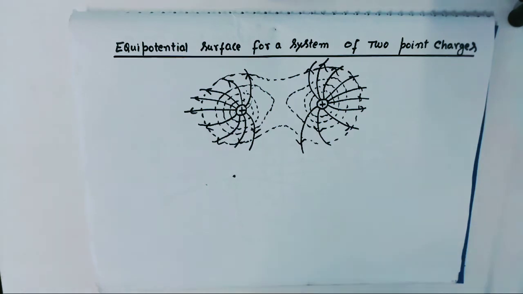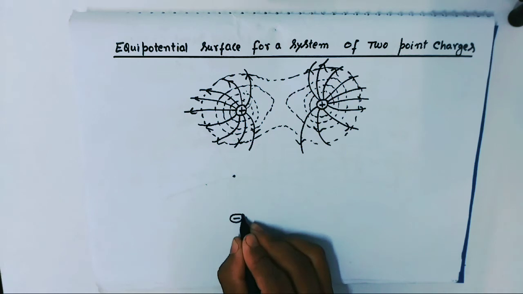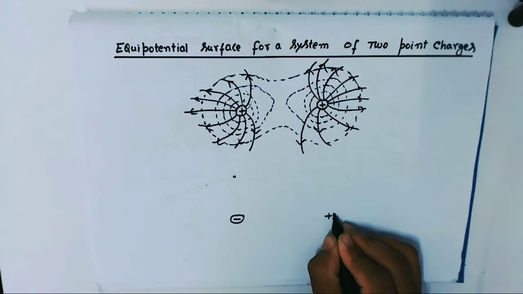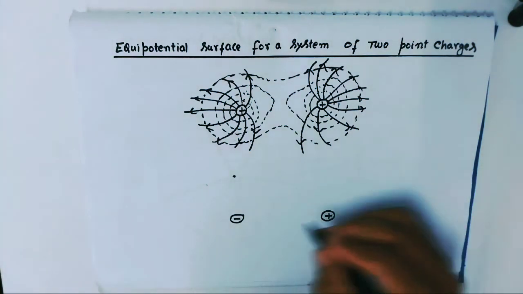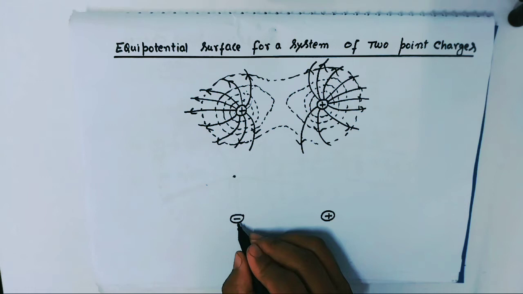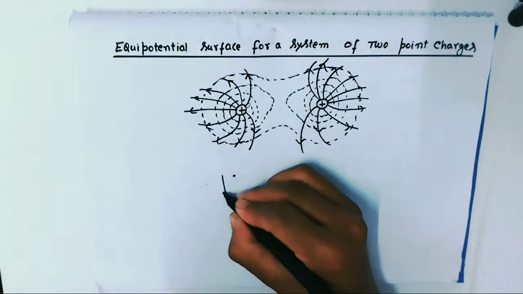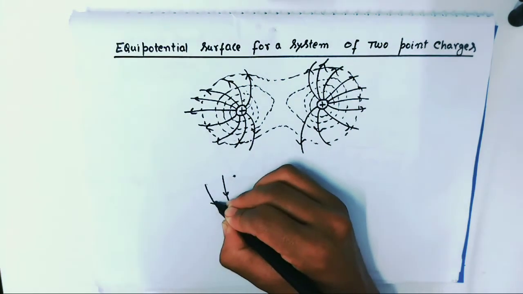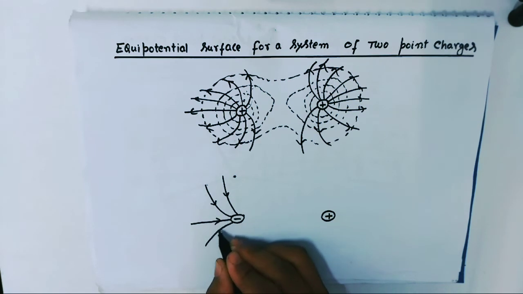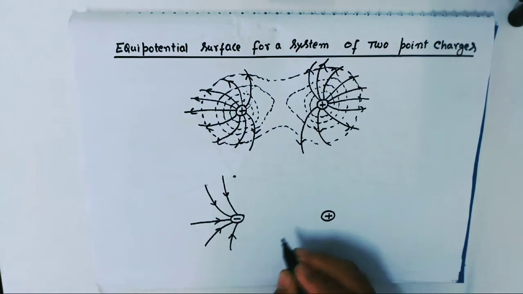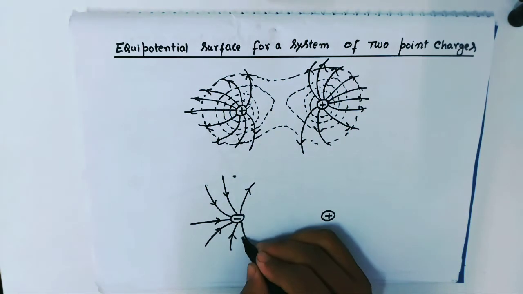Similarly, if we have two charges, one is minus and the other is plus, then since this one is minus, the electric field lines of force will be entering like this. Like this.